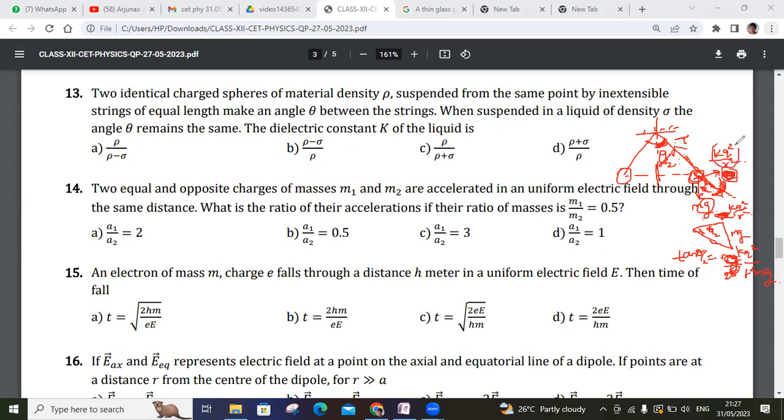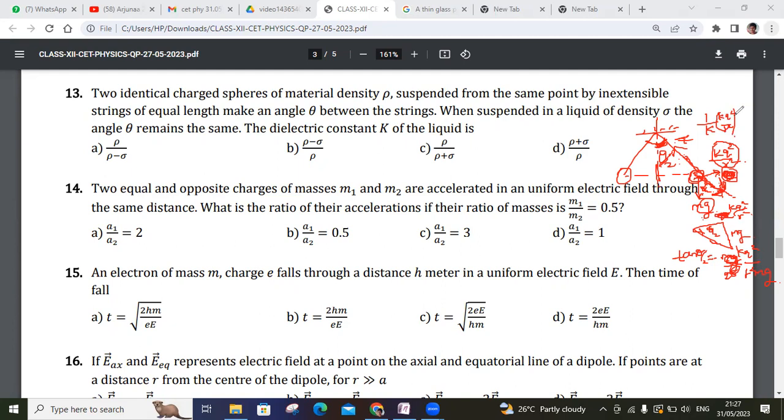One thing is this force changes, because this k, which is 1 by 4 pi epsilon naught, becomes 1 by 4 pi epsilon, where epsilon is K epsilon naught, where K is the dielectric constant of the liquid. And so this force will become 1 by K into kq square by r square, correct?